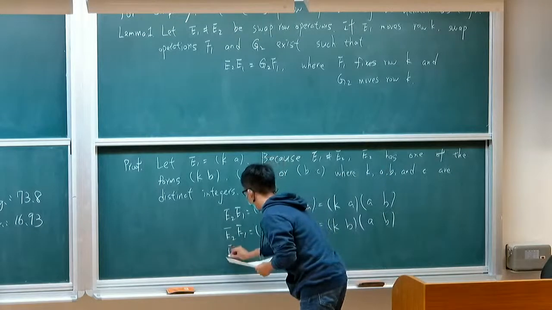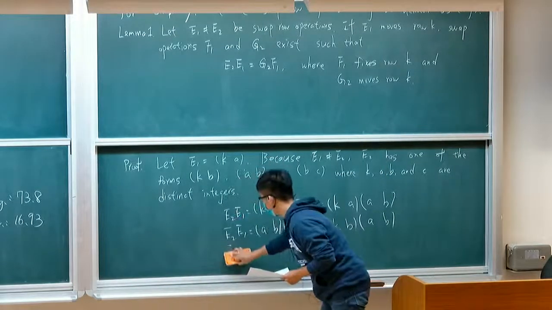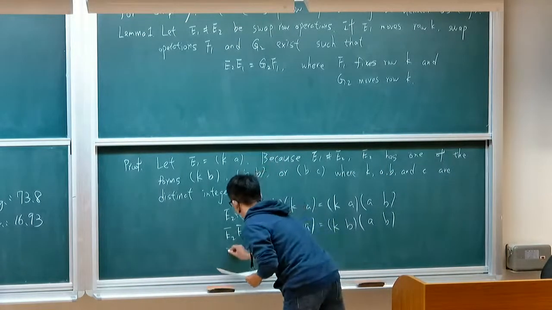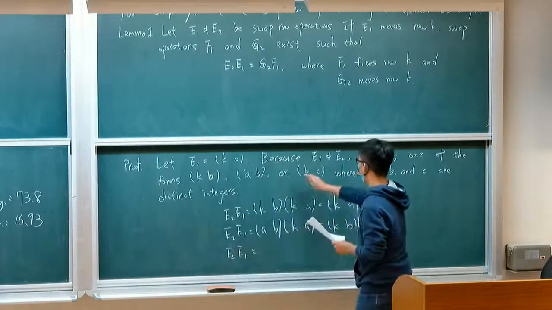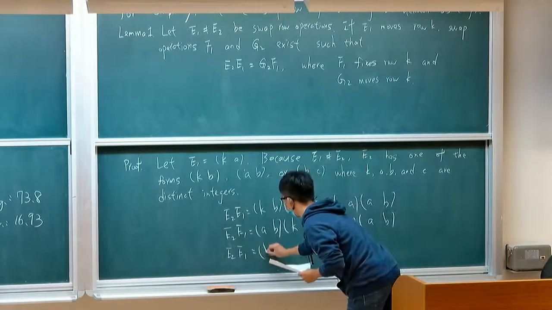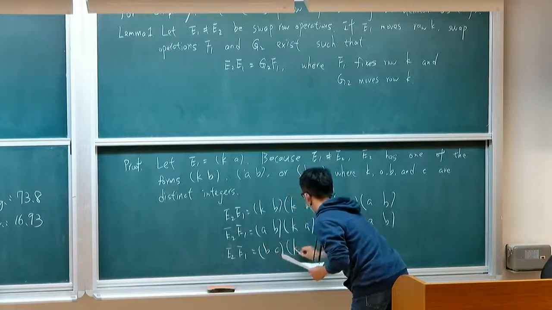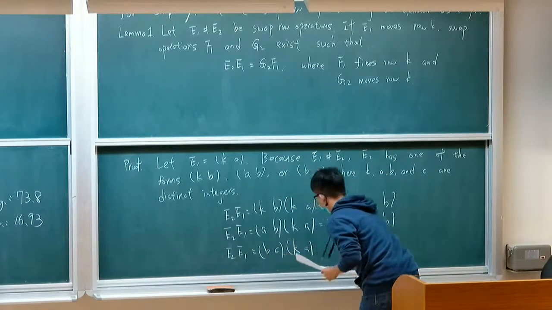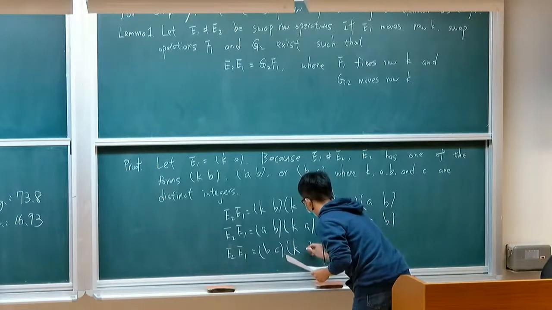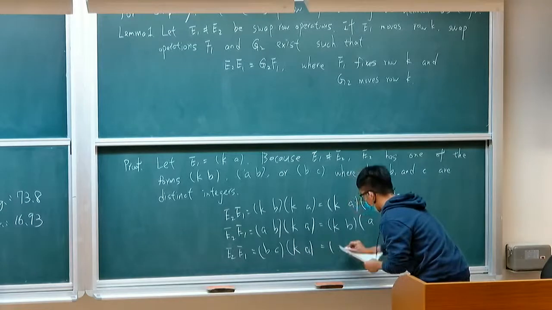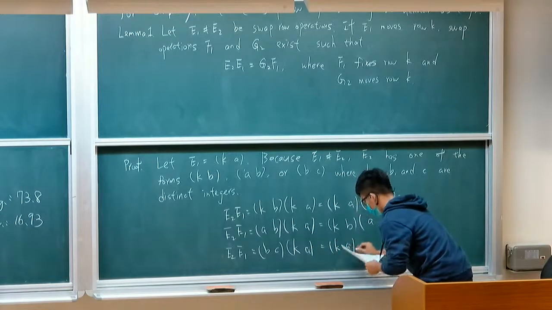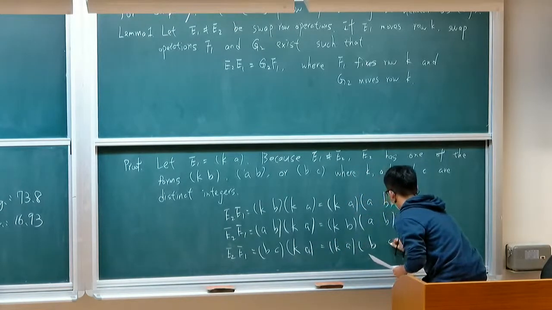And the third case, if E2 is in this form, then this is equal to KA BC.